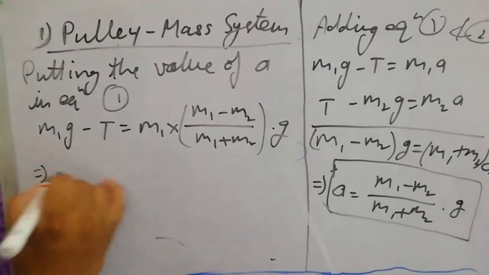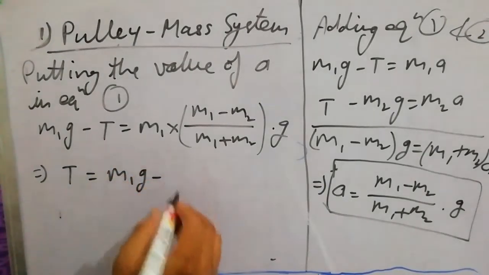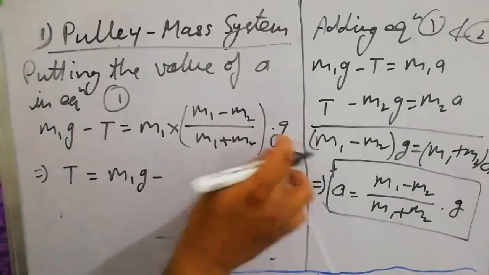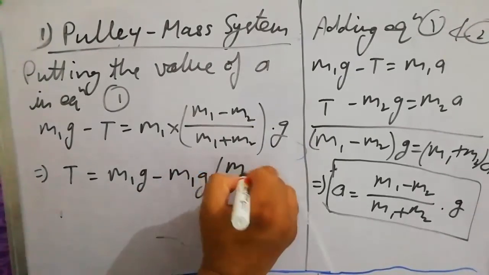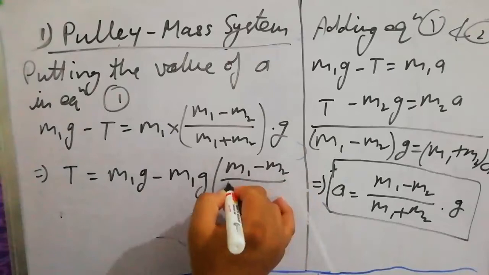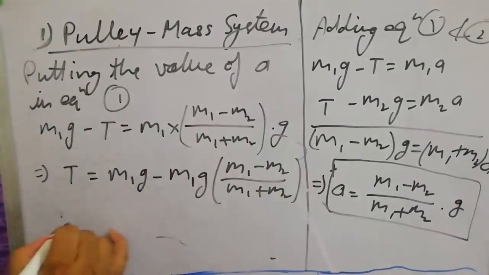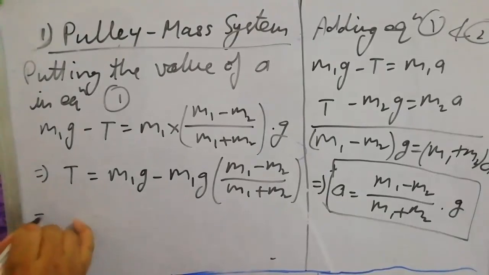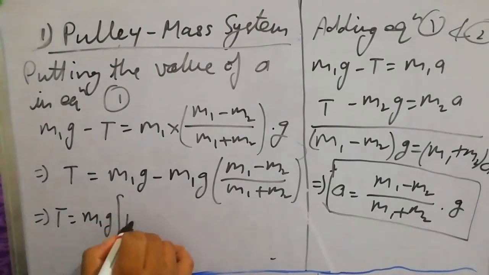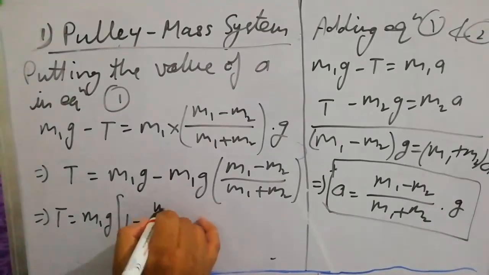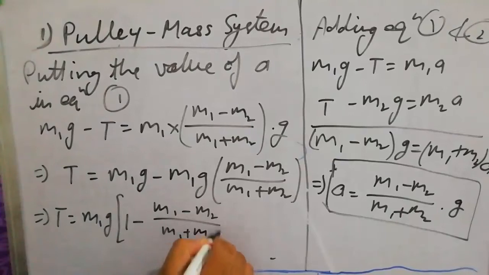So we will write T is equal to m1g minus m1g times m1 minus m2 divided by m1 plus m2. Now from here we can take m1g common. Then what remains is 1 minus m1 minus m2 divided by m1 plus m2.